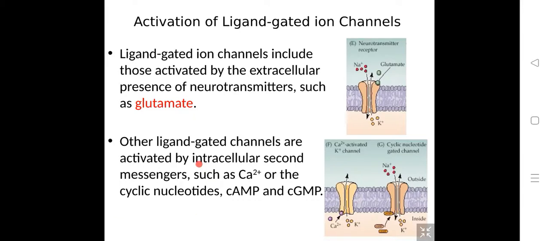Now, what are intracellular second messengers? Intracellular second messengers. Are you there? Anybody who can help? Anybody who's ready to take a swing at it? I think Valerie is very brave.